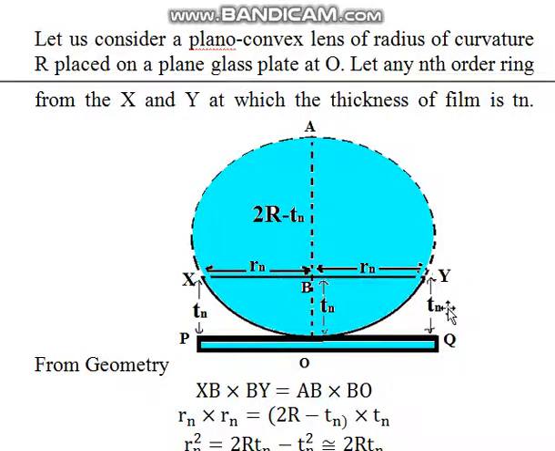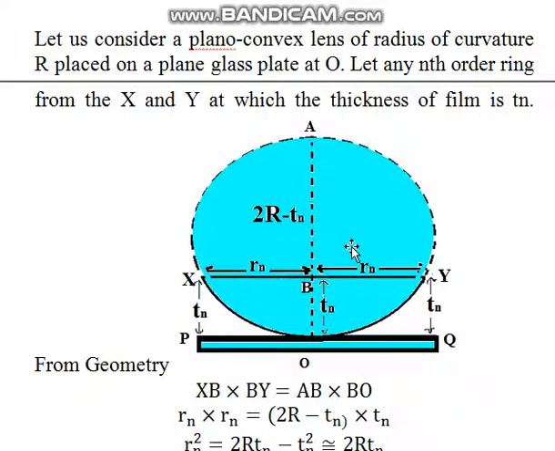Here you can see that YQ is equal to BO is equal to XP, all are same. Here BY and XB are equal to rn, which is the radius of the nth order ring, and AO is equal to twice R. Therefore, AB is equal to twice R minus Tn.